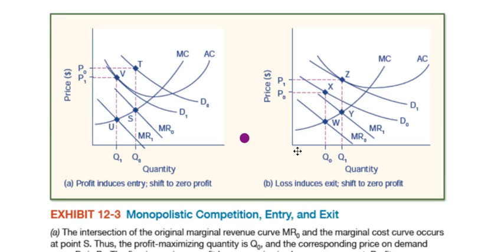Now, we know that there could be any number of firms in a monopolistically competitive market. One example that I use sometimes is toothpaste, because what makes it not perfect competition is that there is a differentiation between the product.